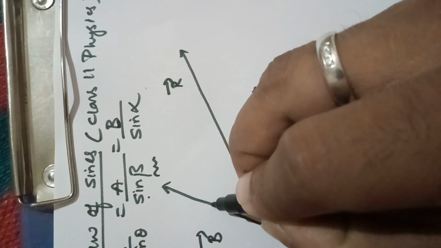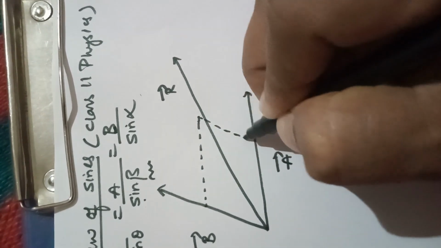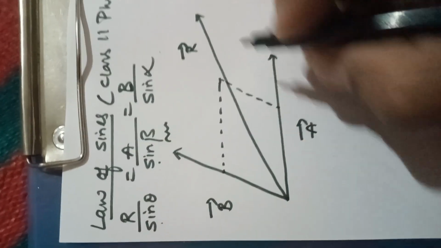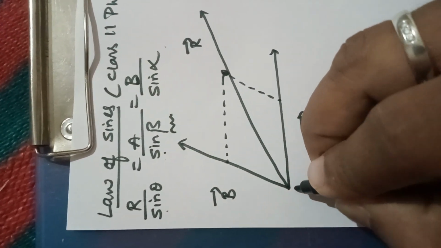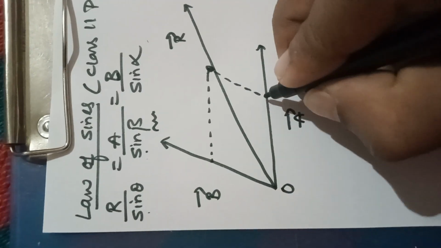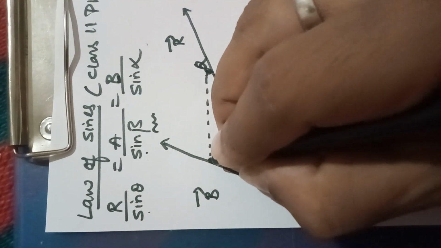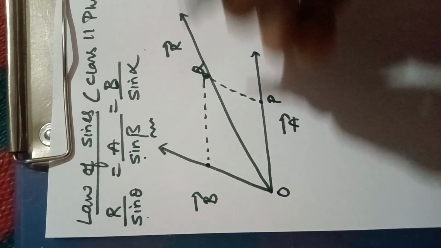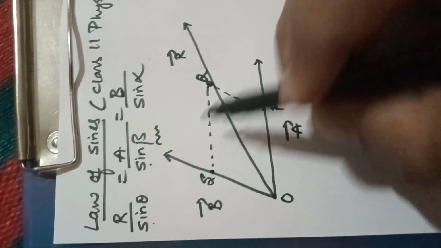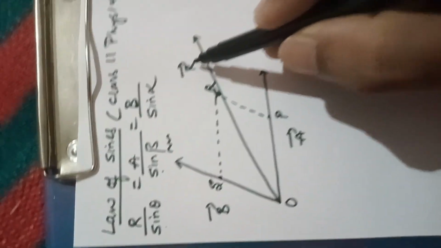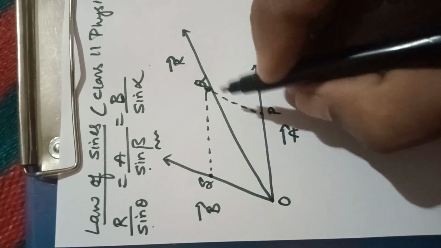Now let's construct a parallelogram here. Let me label these points. Let me call this O, and this is P, this is Q, and this say S. I'm not using R here because R represents the resultant vector.